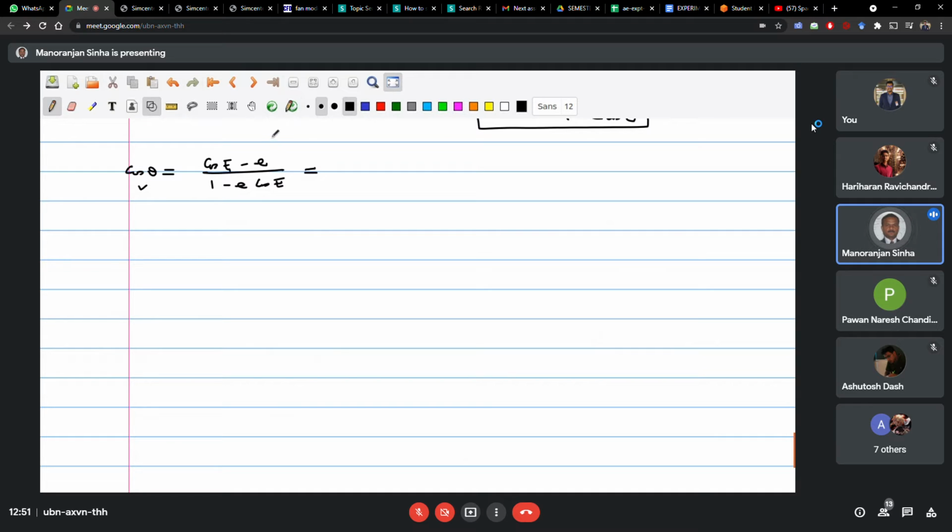This cos theta can be written as (1 minus tan square theta by 2) divided by (1 plus tan square theta by 2), because cos theta we write as cos square theta by 2 minus sin square theta by 2, which you can divide by cos square theta by 2 plus sin square theta by 2 without any alteration, and then divide the numerator and denominator by cos square theta by 2, and this will give you this equation.